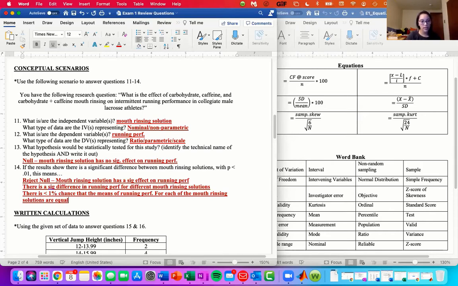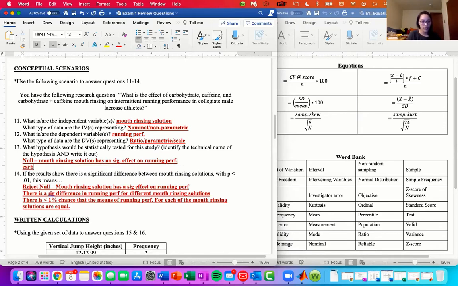Because that's essentially what the null hypothesis is saying: the mean of carbs is equal to the mean of caffeine, which is equal to the mean of carb plus caffeine.